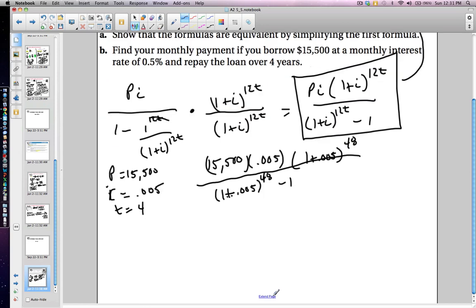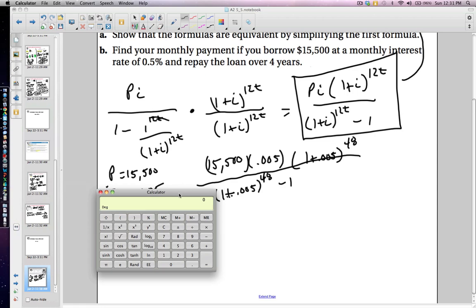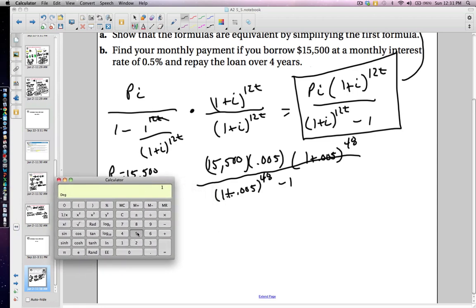Okay, so now if I'm going to do this, I'm going to use a calculator most likely. So if I pull up my calculator, I'm going to want to do 15,500 times 0.005. 77.5.